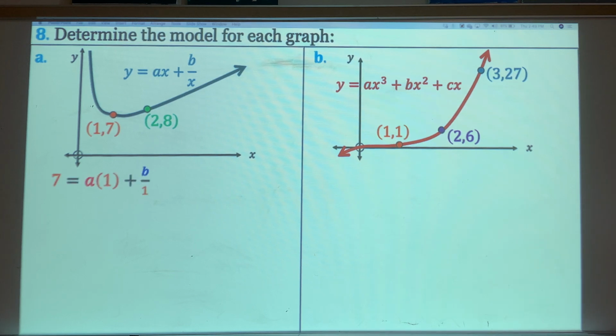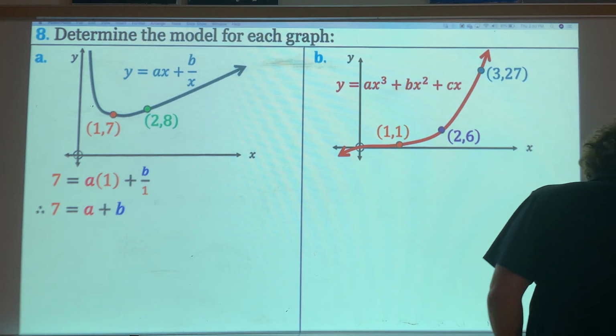Your first one, you're going to plug into your regular equation, y equals ax plus b over x. So you plug in your answer. You get 7 equals a plus b. That's number 1.